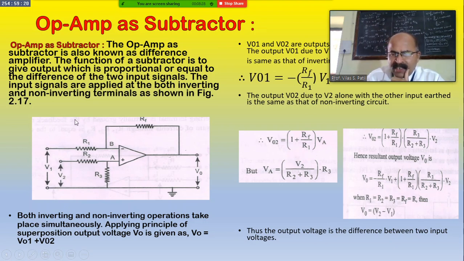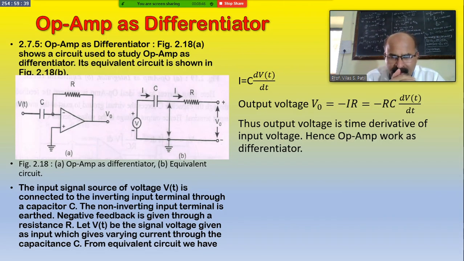V2 is the greater, V1 is the smaller, and the difference between them is observed at the output of the operational amplifier, that is V0. Such an application is known as a subtractor.